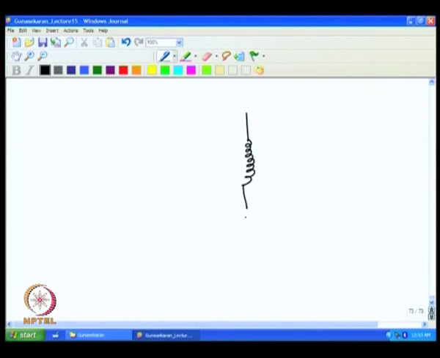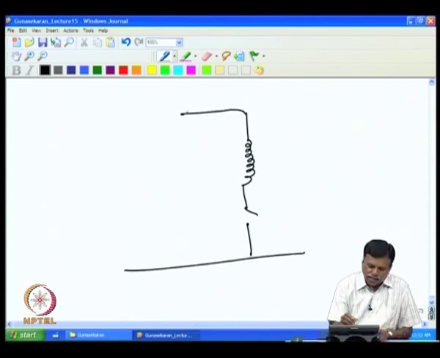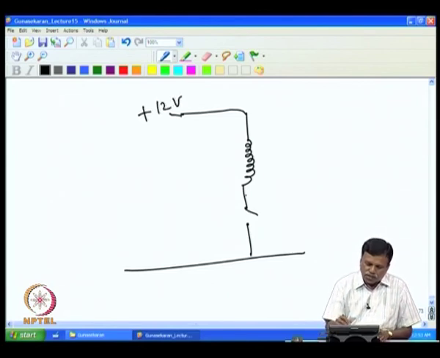Suppose I have a switch here, either a MOSFET or a transistor, and the supply is plus 15 volt or plus 12 volt. Then when the switch is on, the current flows through this, and this relay has a current capacity of 100 milliampere.